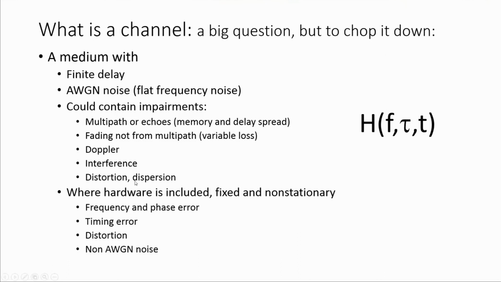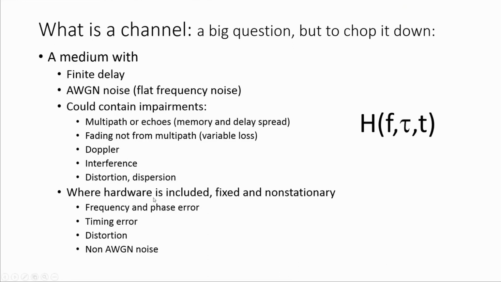Dispersion can happen in a wireless channel, and it's primarily due to multipath at low frequency, but absorption lines and other kinds of atomic effects can cause this. Dispersion is just change in phase with frequency is nonlinear. So it distorts the group velocity, so the different frequencies travel at different speeds.